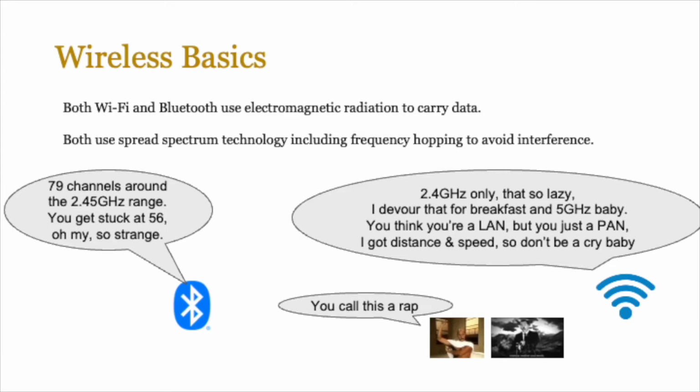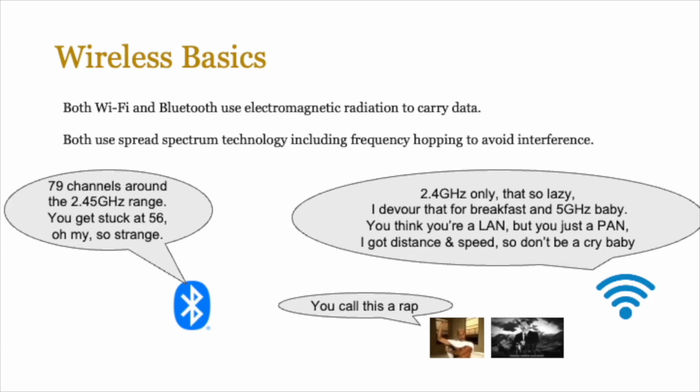What it basically means is that Bluetooth has 79 channels around the 2.45 gigahertz range, whereas Wi-Fi has only 56. However, Wi-Fi can operate at two different sets of frequencies, 2.4 gigahertz and 5 gigahertz, and that allows it to have speed, bandwidth and distance as well.